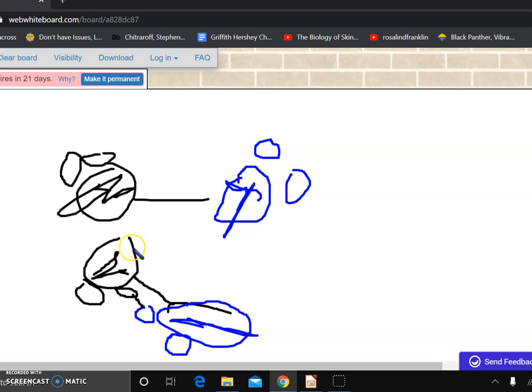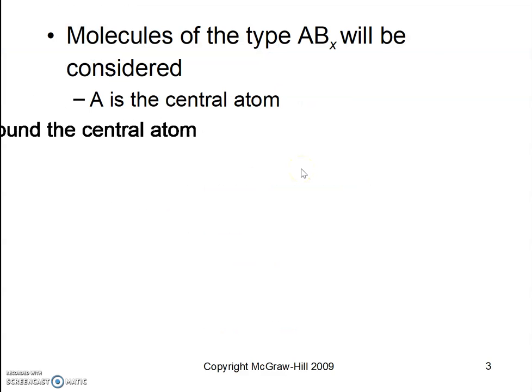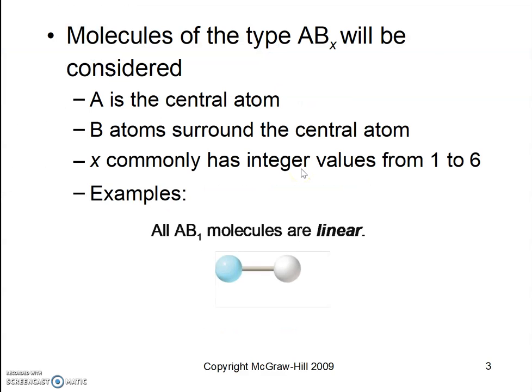You go in any direction, left or right, you're going to put them closer, and they don't want that. So AB1 will be linear.